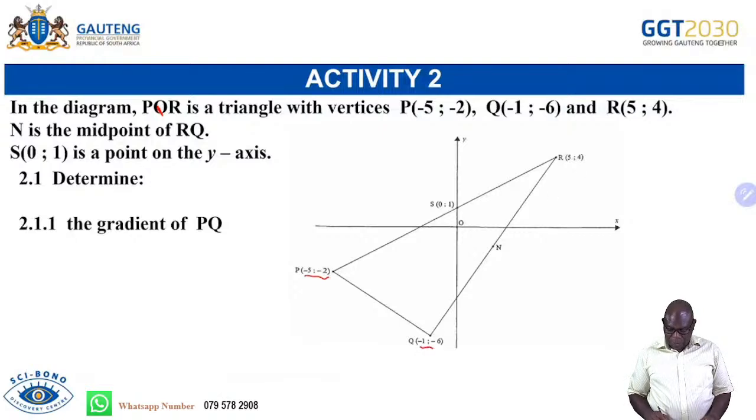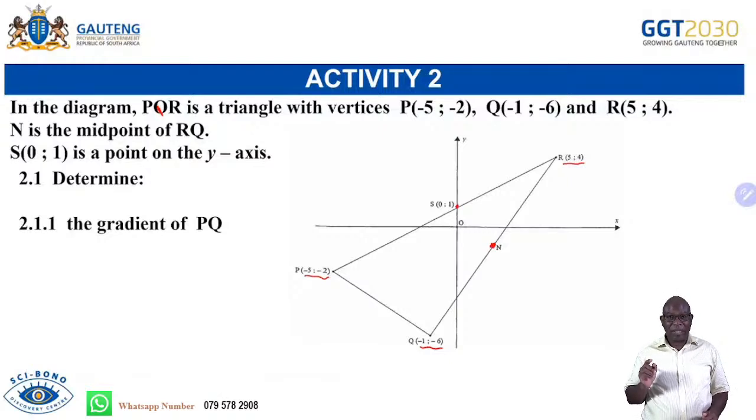Q, it's given minus 1, minus 6. R, it's 5 and 4. N is the midpoint of that. And then we have point S on the y-axis. So all the information that I've read through, that information is indicated on the sketch. So I do not have a problem with that.